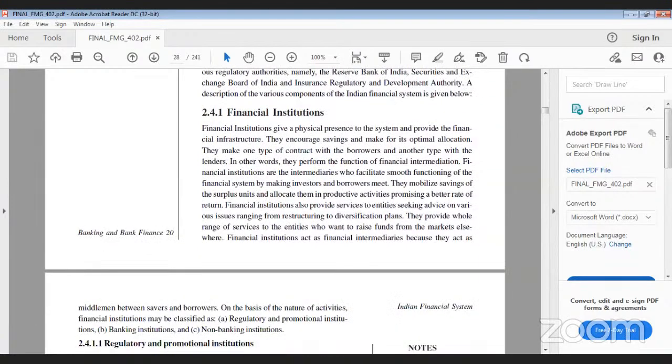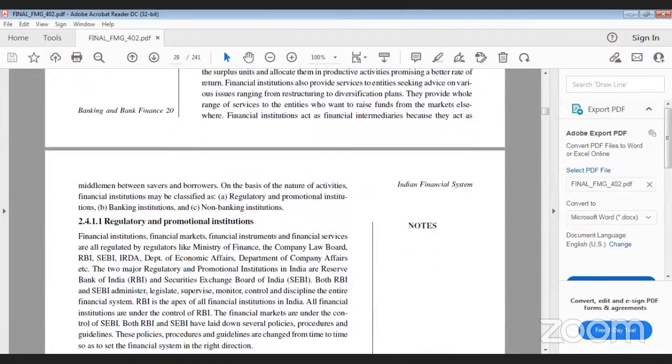Financial institutions act as intermediaries because they act as a middleman between savers and borrowers. On the basis of the nature of activity, financial institutions may be classified into regulatory and promotional institutions, banking institutions, and non-banking institutions.